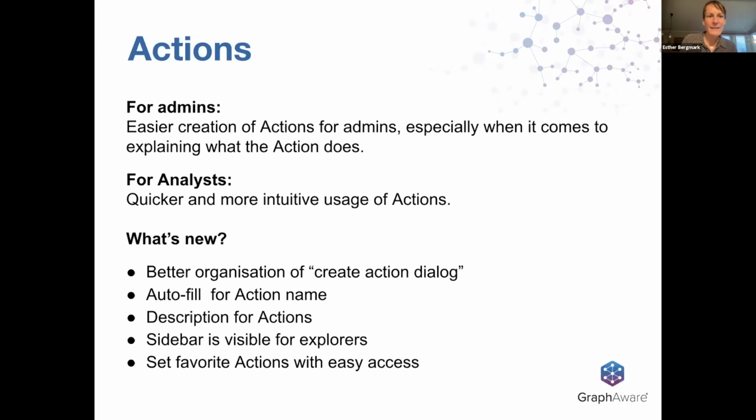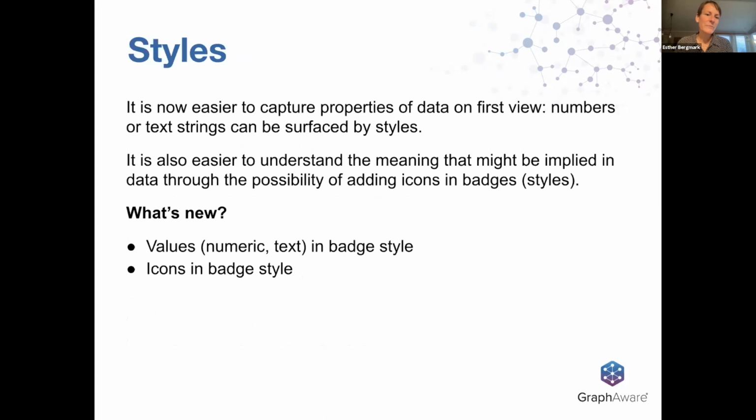Okay, the next thing that we worked on was styles. It's now easier to capture properties of data on the first view. And that's done through numbers and text strings that can be surfaced by styles. So you can have on a node, for example, a badge that conveys a number or a text string.